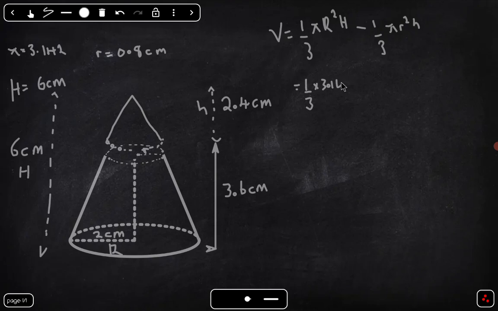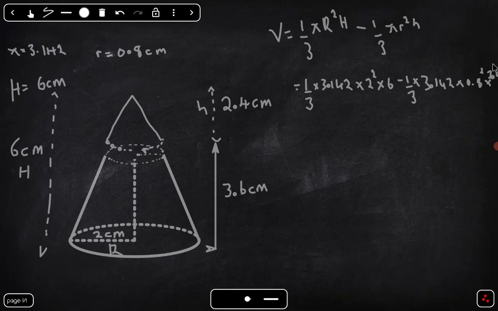So we're going to say 1/3 pi multiplied by capital R, which is 2 squared, multiplied by capital H, which is 6, minus 1/3 multiplied by, again, pi, multiplied by small r, which is 0.8 squared, multiplied by 2.4.